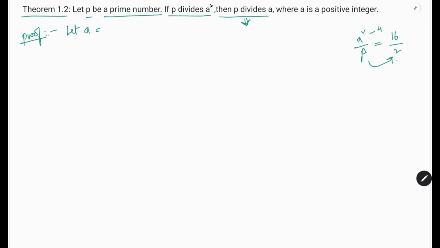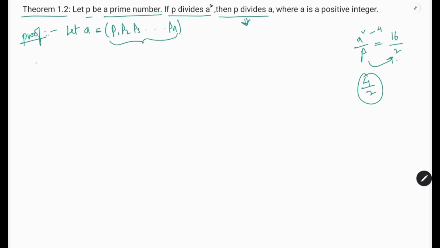We have to prove that a, which is 4, will be divided by p. So a is a number. You can take the prime factorization of a as p1, p2, p3 up to pn. That means p1, p2, p3 are the factors of a, and these all are prime numbers.